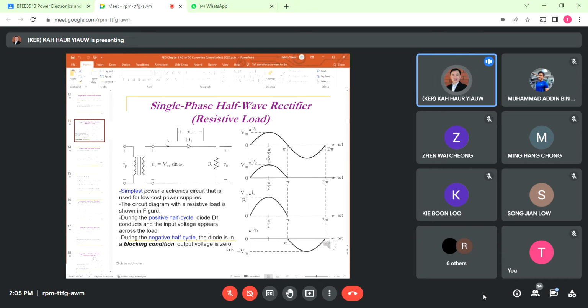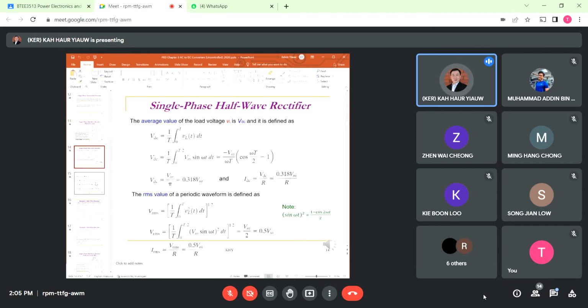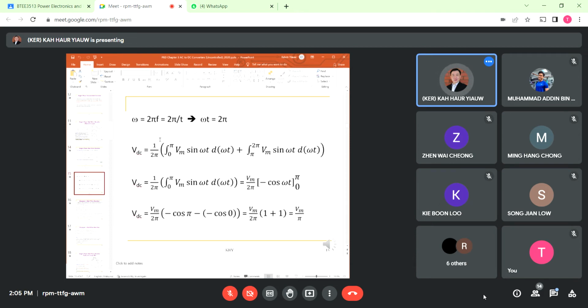So we don't actually use t, half t or quarter t. So this is more convenient, and hence I advise you not to do the integration over time for this value. Instead, you may need to use omega t, with respect to omega t, d omega t. Okay, so this is the way I do it.